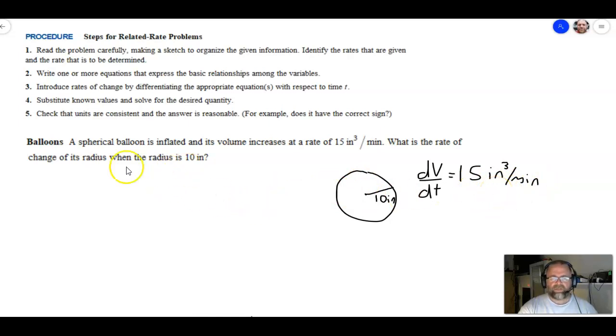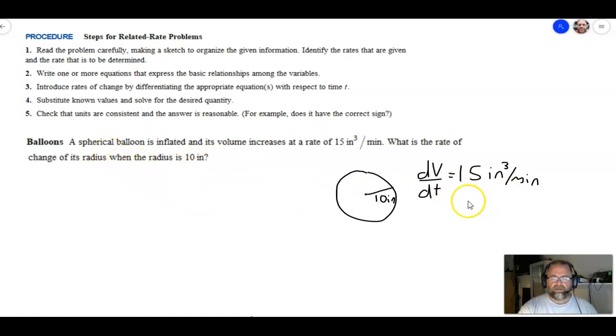Remember, when we're talking about a distance, we use the unit to the first. If we're talking about area, we use the unit to the second power. And if we're talking about volume, like we are here, we use the unit to the third power. So I'm going to leave those off in my calculation and just make sure that my last answer is in inches per minute.